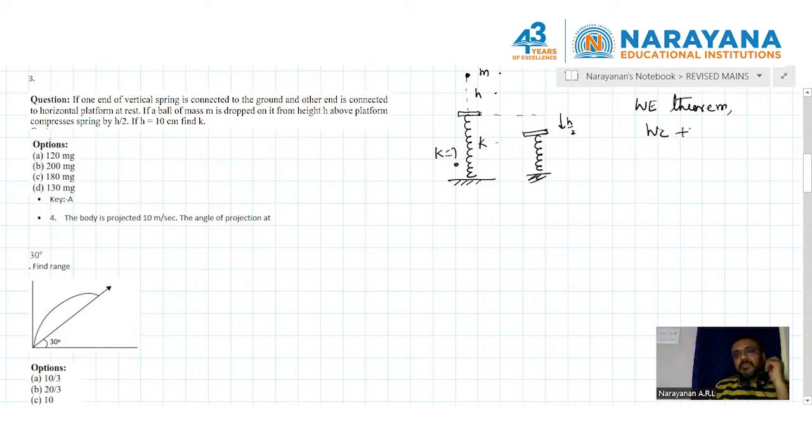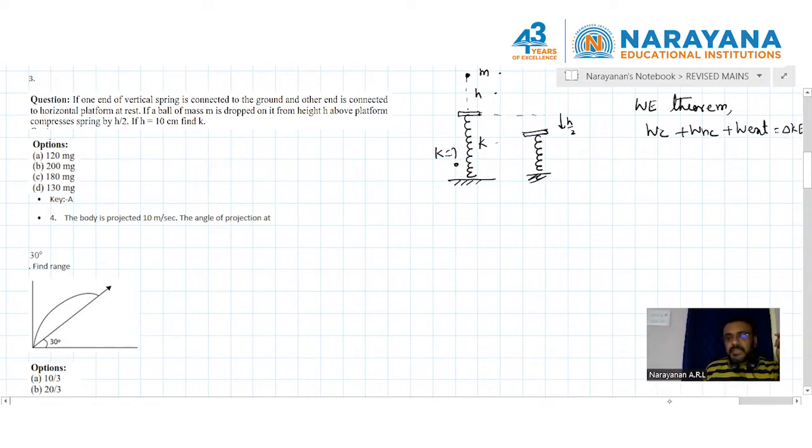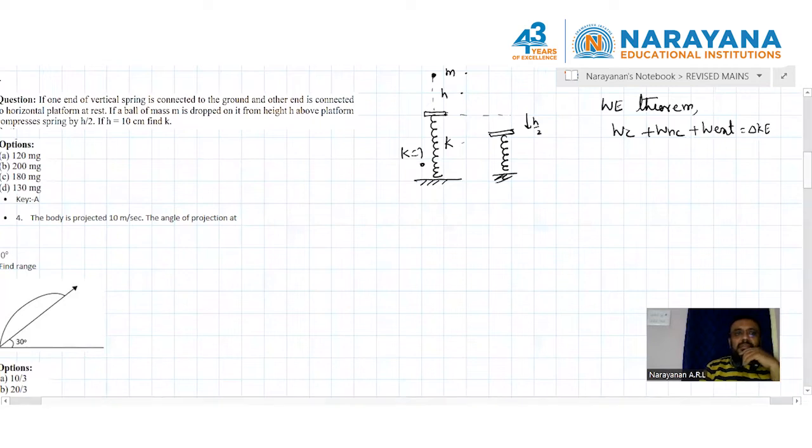Work done by conservative force plus work done by non-conservative force plus work done by external force is equal to change in kinetic energy. We use this expression in order to calculate the K value.